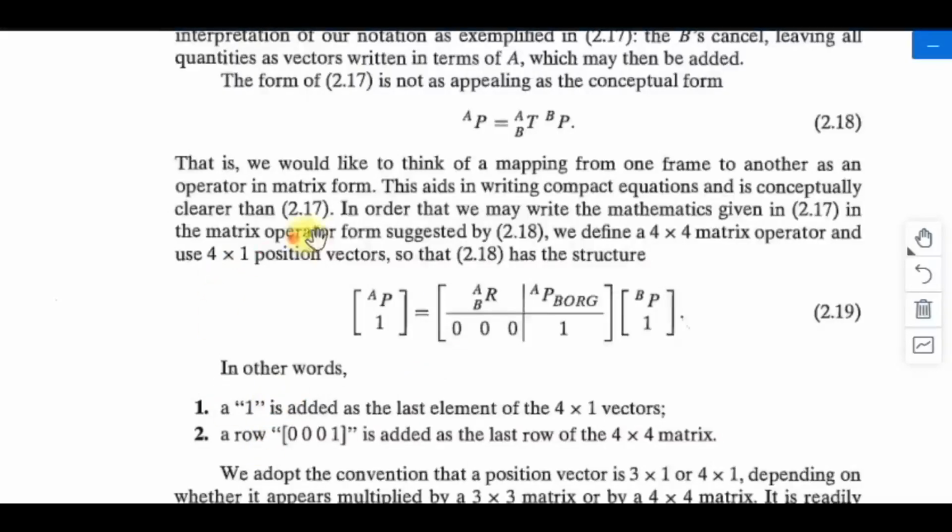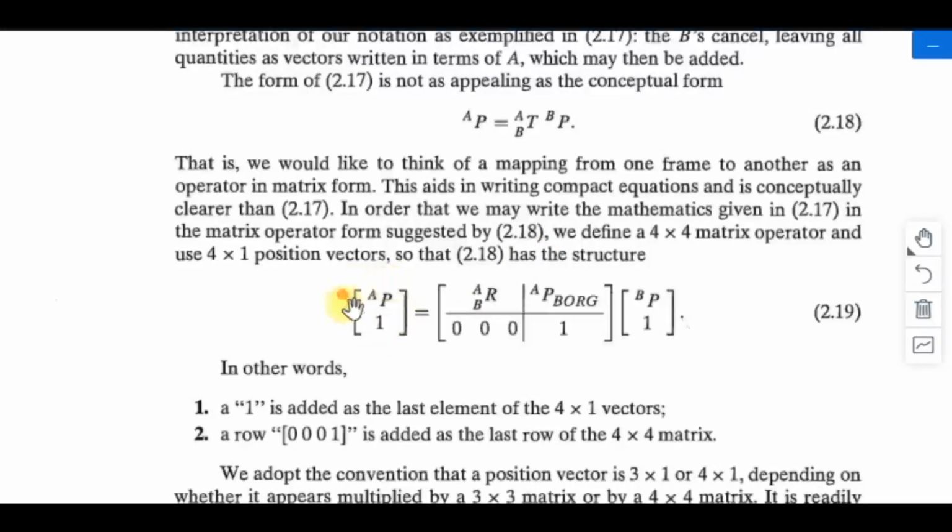But you know that if you multiply with this, the number of columns is 4 and the number of rows of B P is 3. So a 4 cross 4 matrix cannot multiply with a 3 cross 1. So obviously padding is required, and we pad 1 here, and similarly pad 1 here.